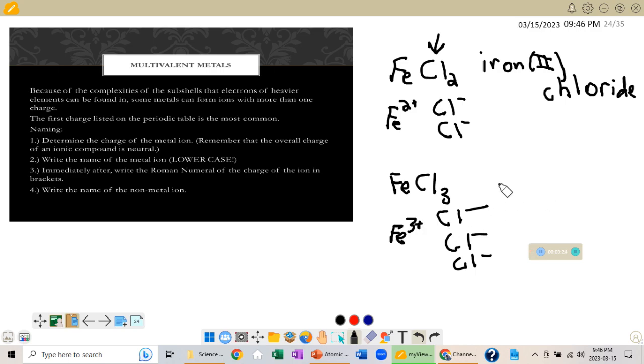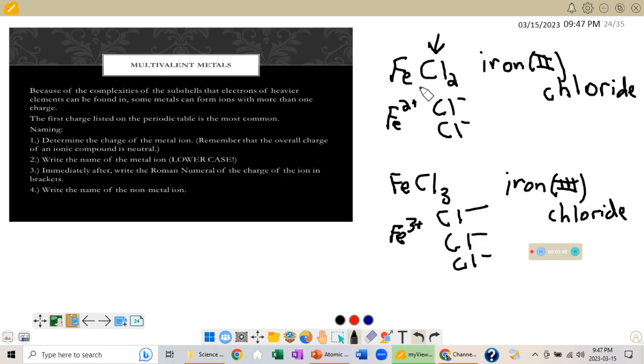And this thing is going to be iron, Roman numeral 3, chloride. All right. That's actually the tougher question because you have to do a little bit of detective work.